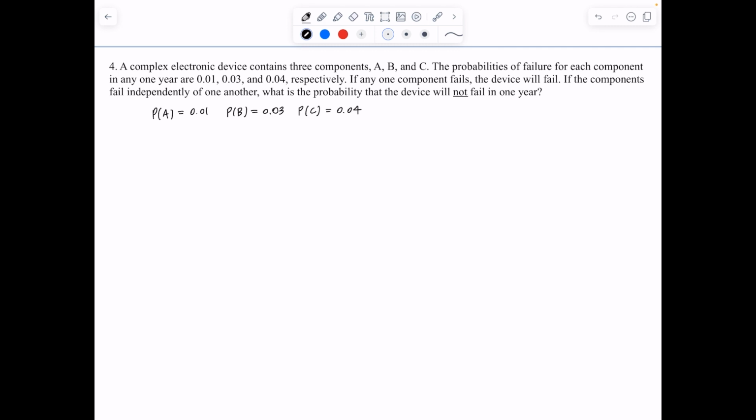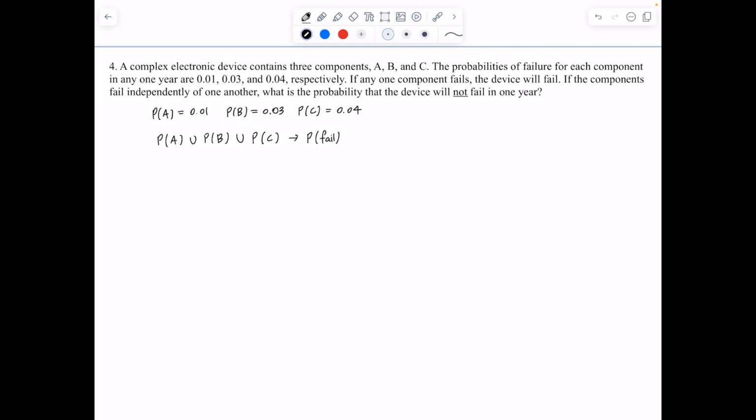So if any one of these happens, right? If any one of the components fails, then the entire device will fail. So the probability of the device failing is the union of each of these. Okay, and that is the probability of failure.